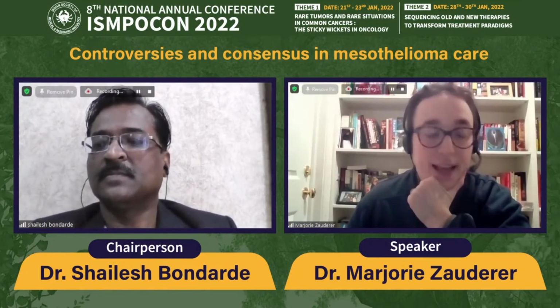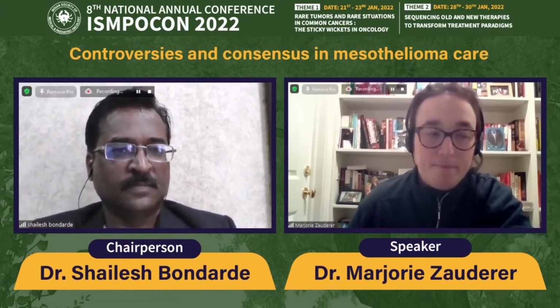But as you guys know, there's no strong data for it, but it's just something that winds up being done. There sadly are not really prospective trials of poor performance meso patients.